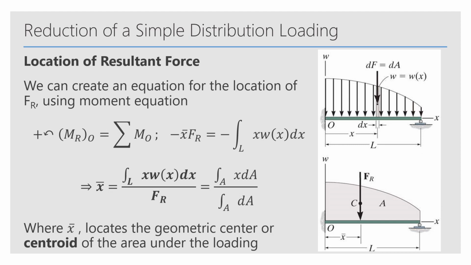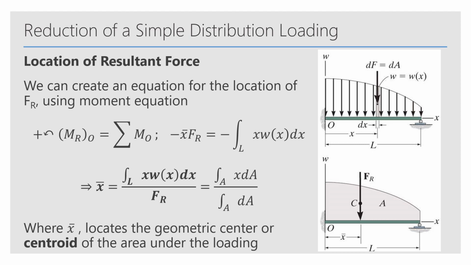In order to find the location of where this force is occurring, we can create an equation using moment, because from previous problems we knew that to find a moment you use a distance times the force. In this case, we're saying that the moment around the origin is equal to the distance x times the resultant force.